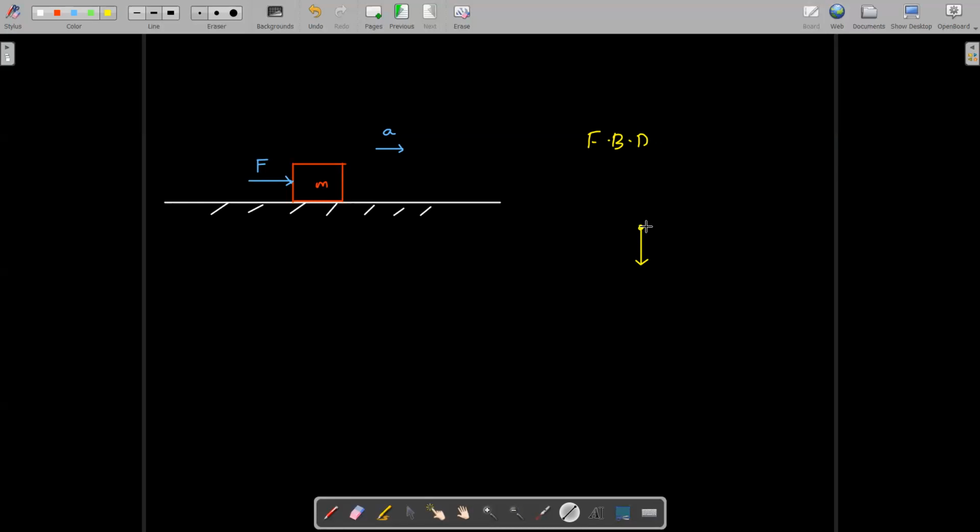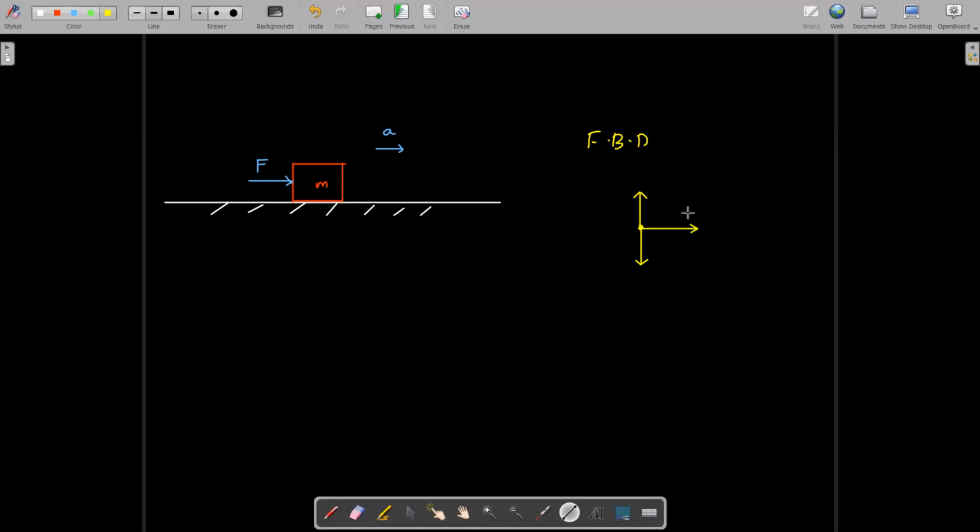And there will be a contact force, which is the normal reaction, that will be acting upwards, right? And we know that there is a force which is acting along the positive x direction, and which has a value f, right?